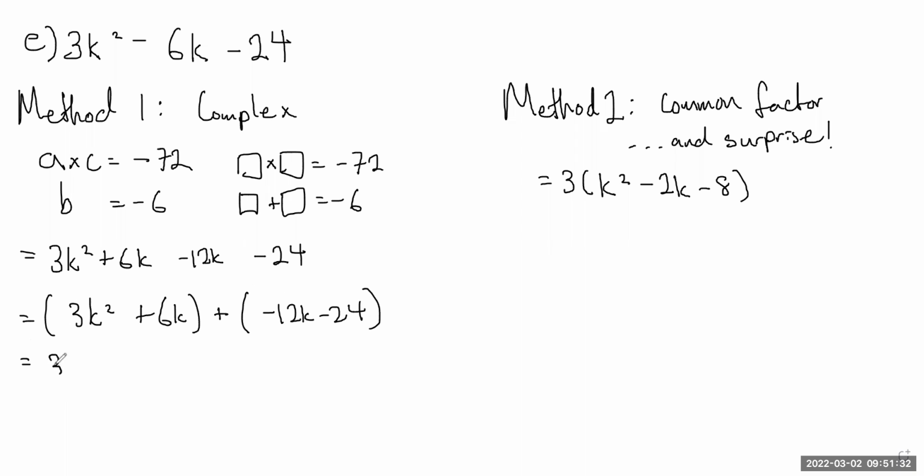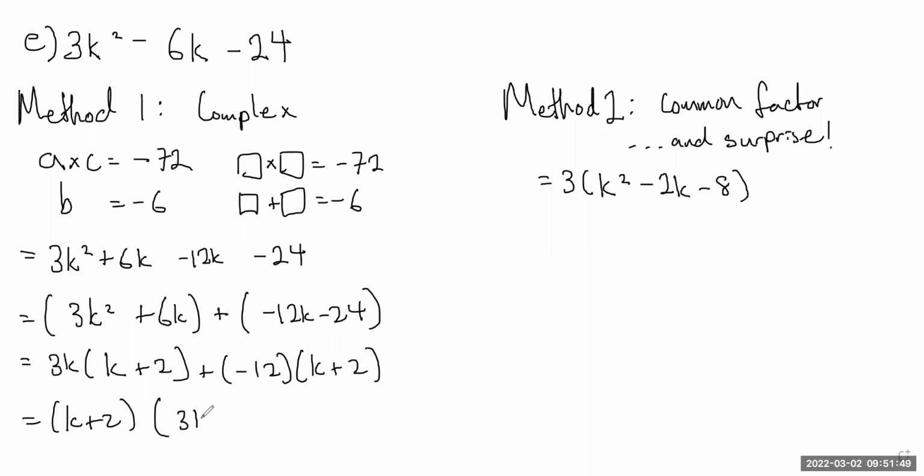Common factor, I can take out a 3k, leaving me k and 2. I'm going to factor a negative 12, leaving me k and a positive 2. And again, there's my signal. Look at the 2 brackets. We have k plus 2, and we have 3k minus 12.